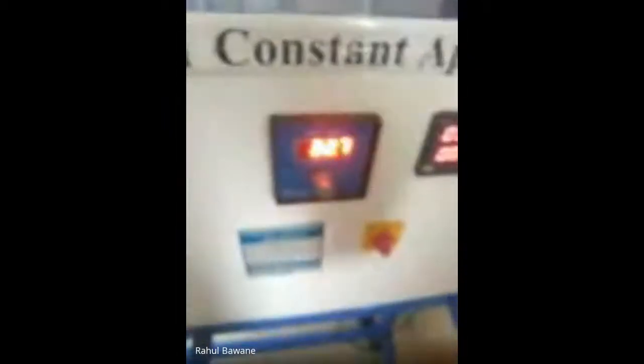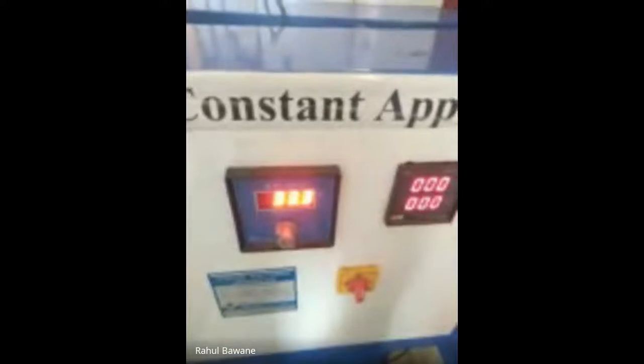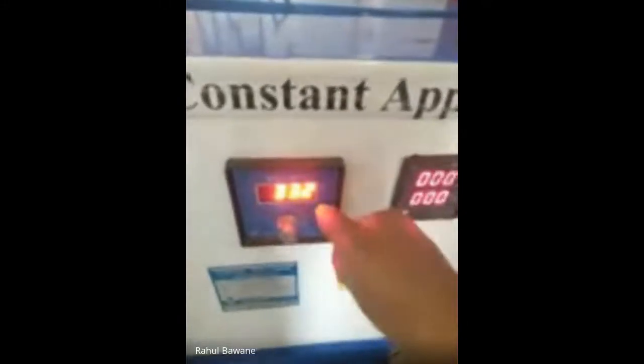As soon as I insert it, I have to start the stopwatch, and then measure the temperatures. Temperature will rise. T5 now 32.9. After 10 seconds, suppose 33.2.